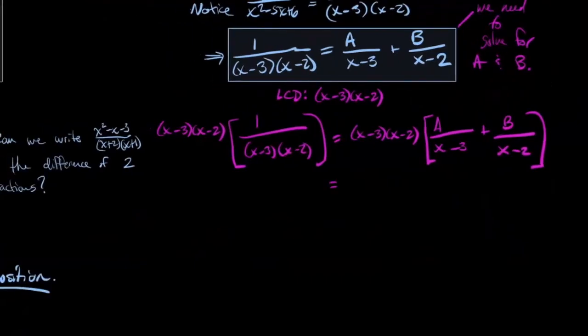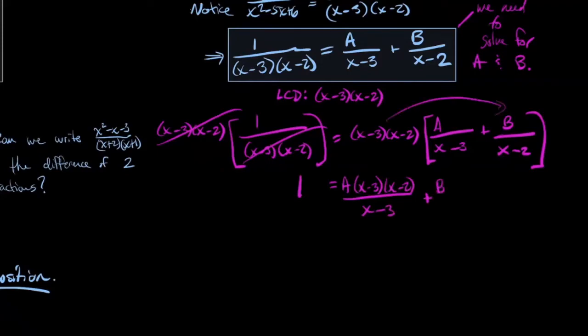Okay, so these are going to cancel and we're left with a 1. And on the right, we're going to have to distribute this. So we'd have a, x minus 3, x minus 2, divided by x minus 3. And then when we distribute it over here, we'll have b, x minus 3, x minus 2, divided by x minus 2.